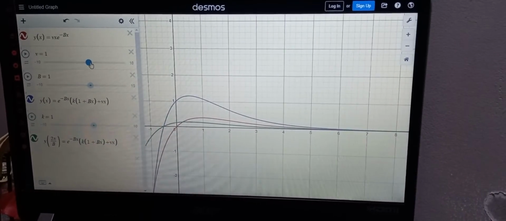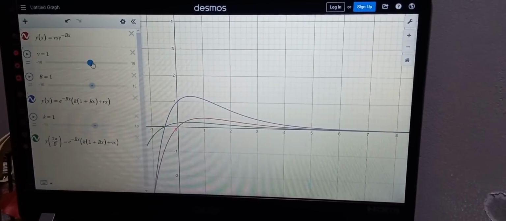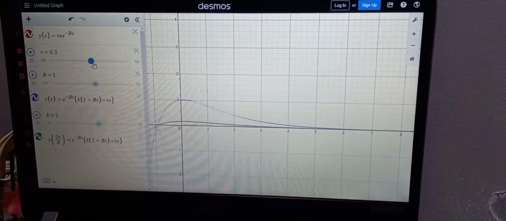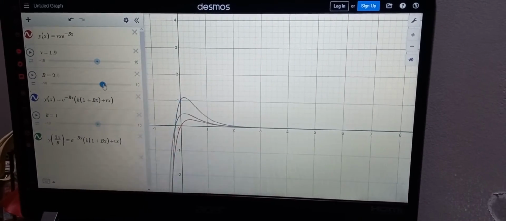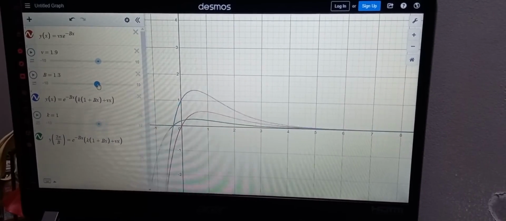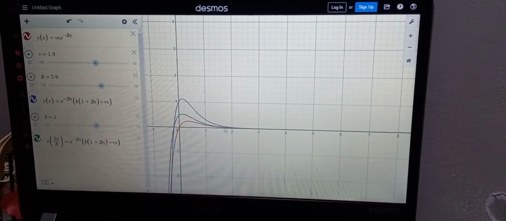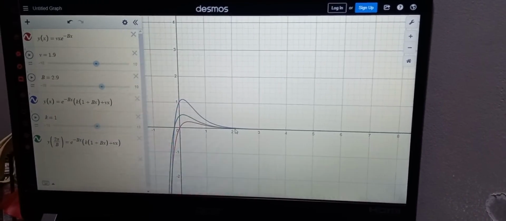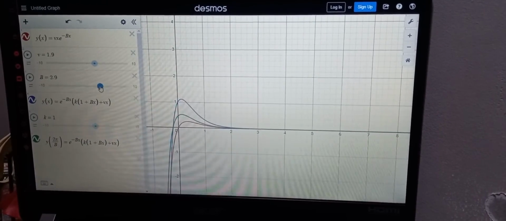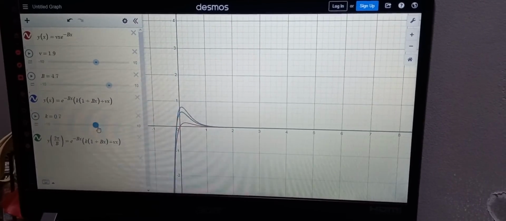We can change the value of v naught, and it will still have this same graph, even the damping constant. And as the damping constant increases, the position of the cart as it goes through time always goes back to zero even quicker, and even the x position.